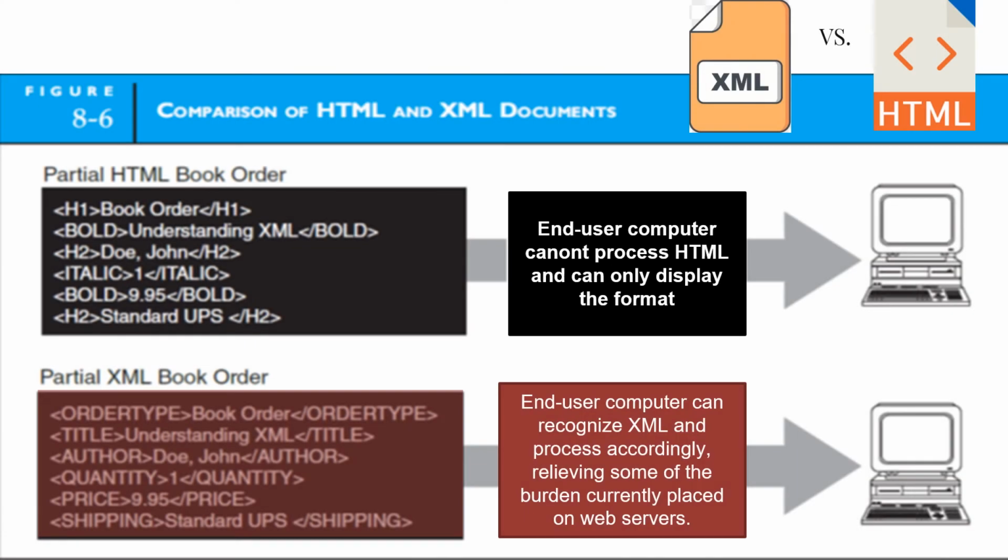Let me explain the difference between XML and HTML. HTML is a format where it enables the users of the computer or the website to view only, not to make any changes on the format. So sometimes you can view some information on a website, but you cannot adjust it. You can copy and paste and so on, but you cannot key in or do formulas on it.